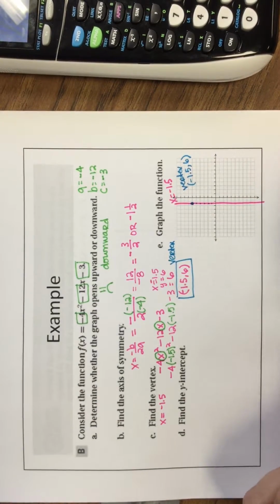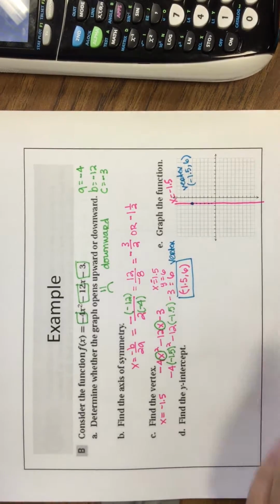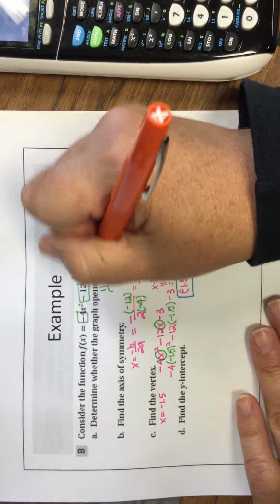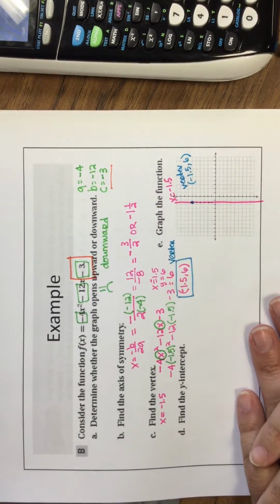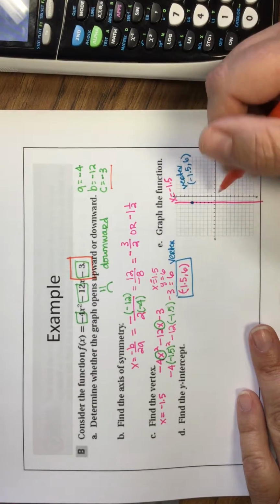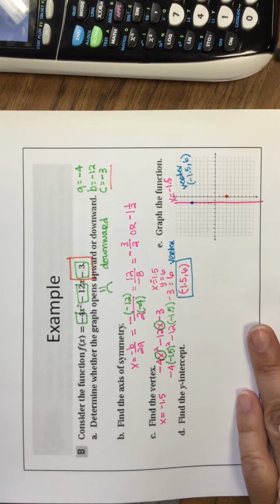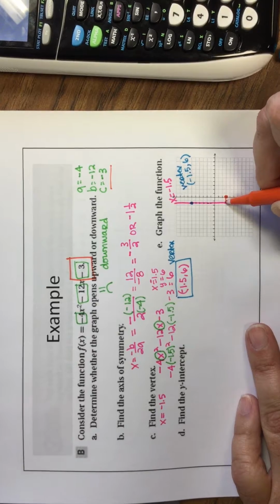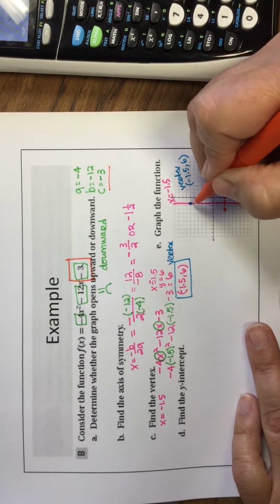Now, we've got to look at this and figure out where our y-intercept is going to be. We said our y-intercept is going to be C. There is our C. We also have it written here. C is negative 3. So on the y-axis, since it's a y-intercept, 1, 2, 3. Now, knowing what we know about parabolas and that they're symmetric, if this is 1.5 away, then I'm going to have 1.5 away on the other side.